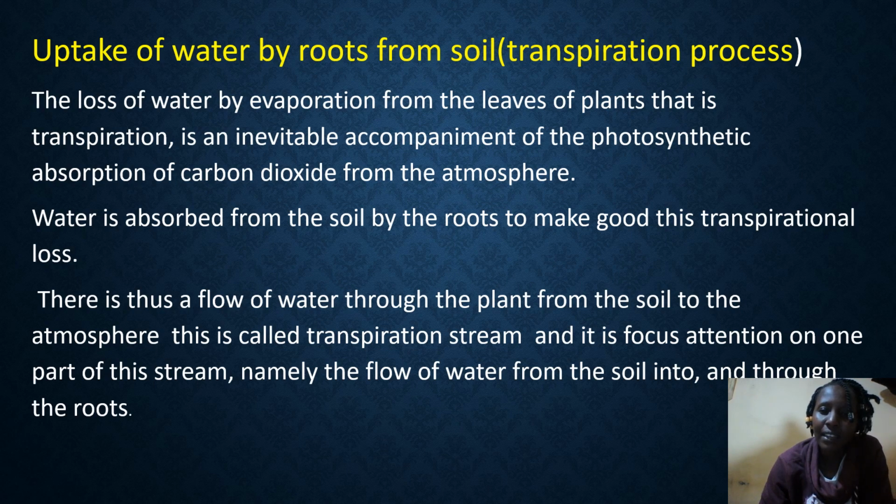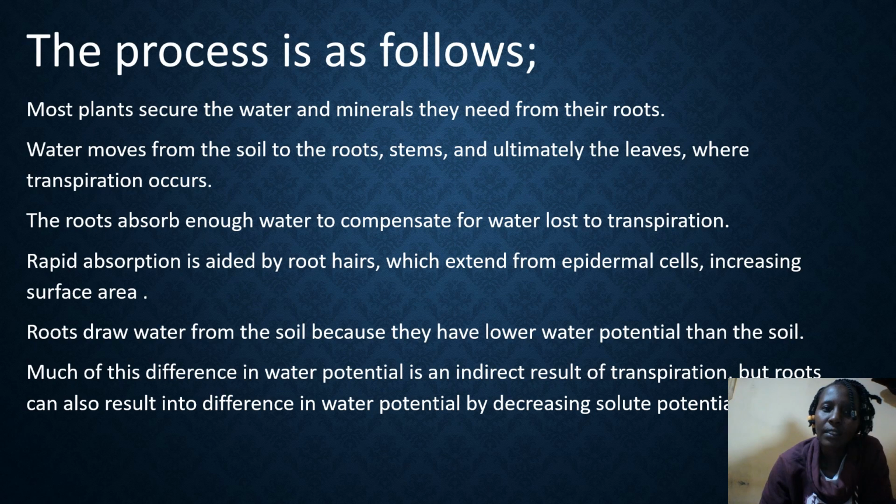and here we focus attention on one part of this stream, namely the flow of water from the soil into and through the roots. The process is as follows. Most plants secure the water and minerals they need through their roots.